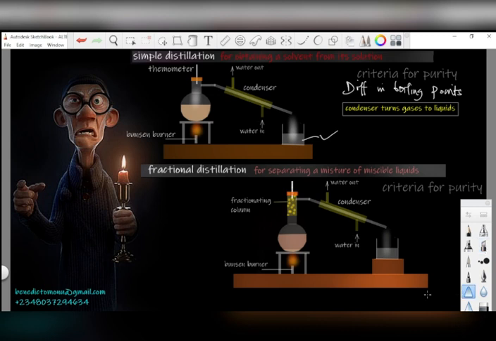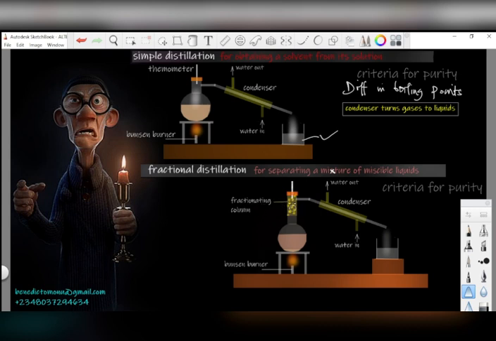We have fractional distillation. It's for separating a mixture of liquids that are miscible. These liquids are able to mix. You carry out the same setup like a simple distillation. The only obvious difference is that this has a fractionating column.